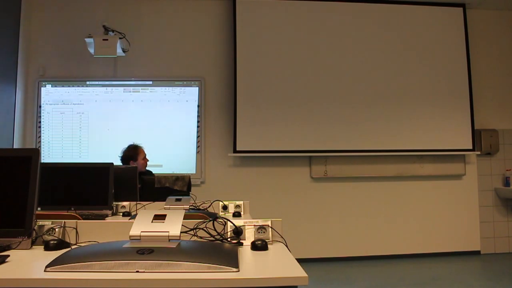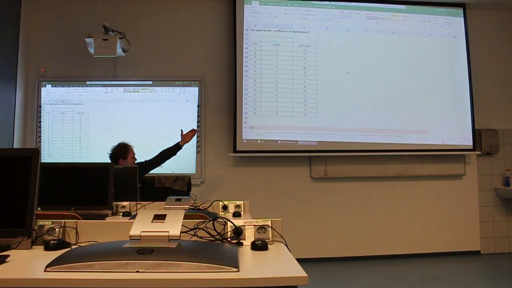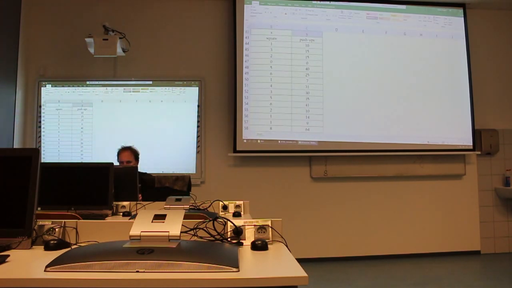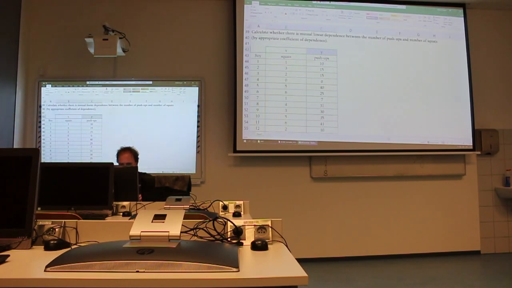Okay. Can you see this screen? So there will be variable x and variable y. I will zoom this document, and now we need x squared.